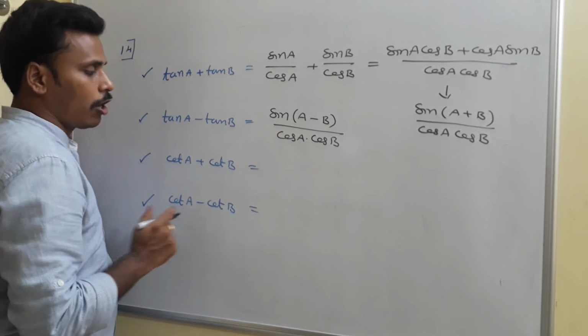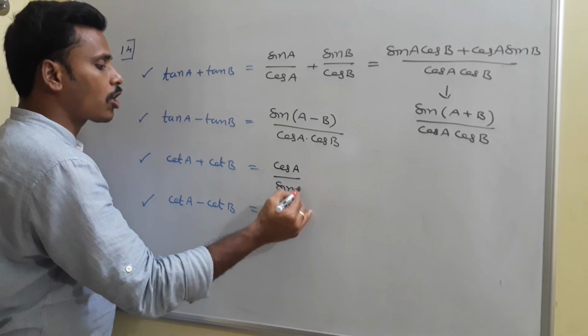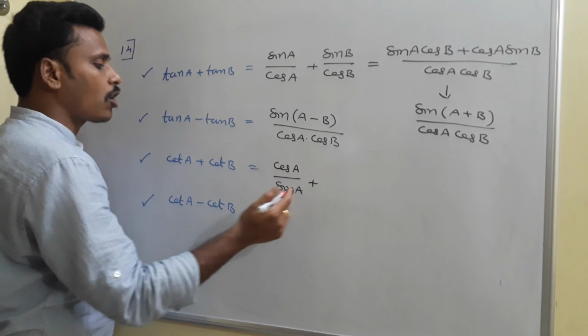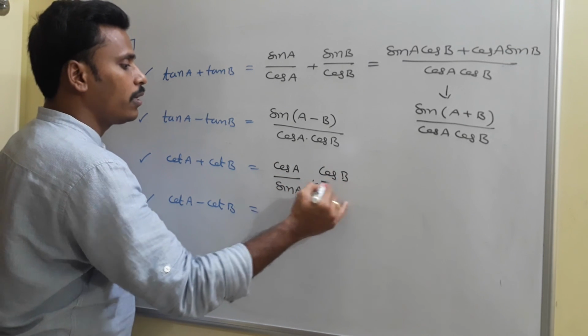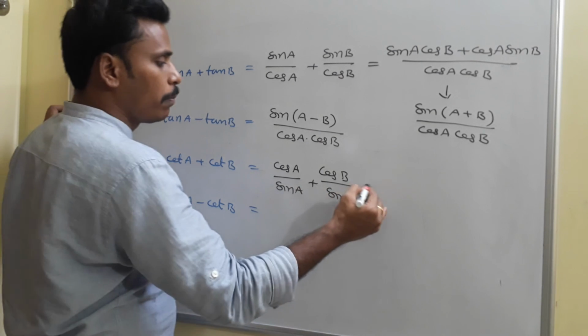And cot A plus cot B. Cot theta is cos by sin, so cot A is cos A by sin A, and cot B is cos B by sin B. Yeah, again do cross simplification.